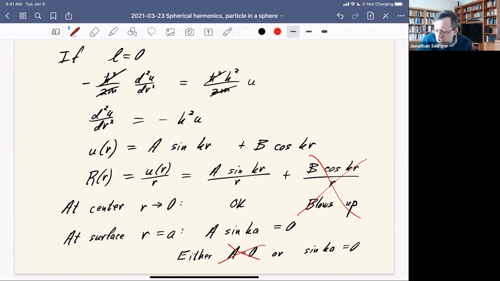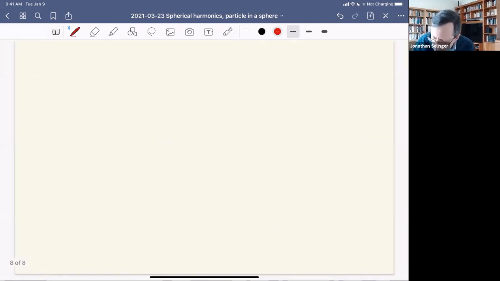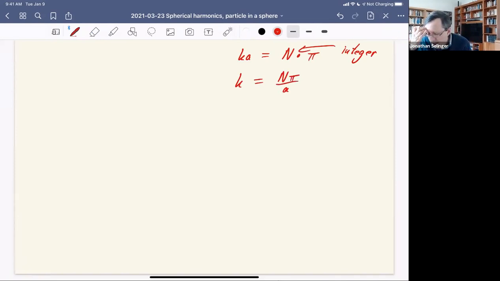So we better have that the sine of k times little a is 0, which means that k times little a has to be an integer n times pi, where this capital N is an integer. So k has to be an integer n times pi divided by the radius.